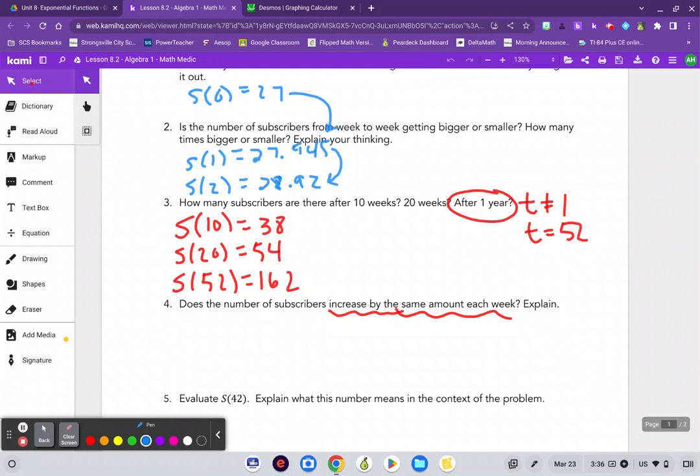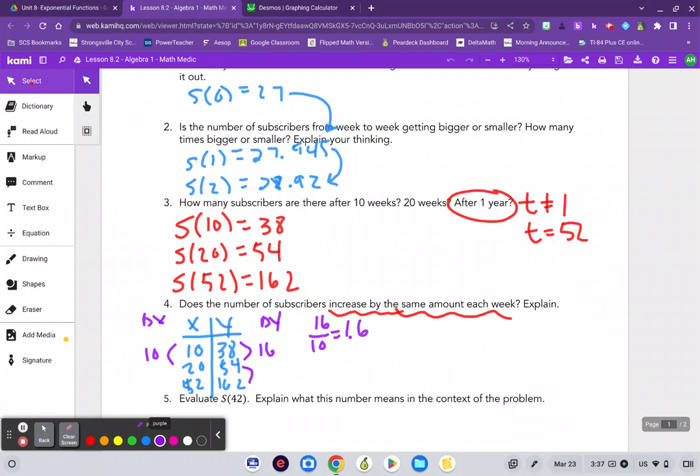If I think about this in terms of X and Y values, and I make a table like we have in Desmos, I can think about this in terms of change in Y over change in X, 52, 162, right? So my change in Y here is going to be 16 over my change in X here, which is 10. And so 16 over 10 is 1.6 versus this change in Y is 108, and that change in X is 32.